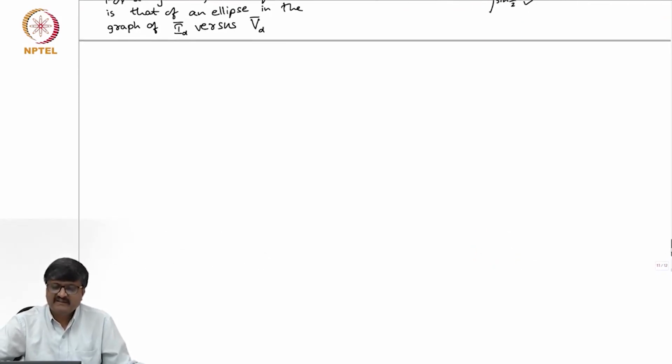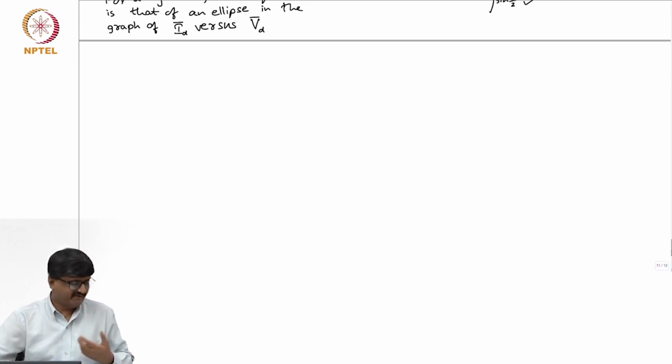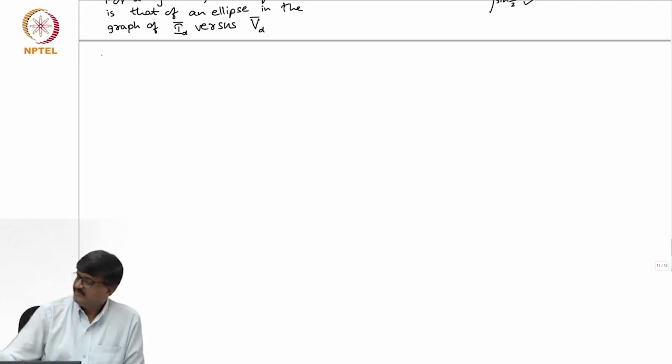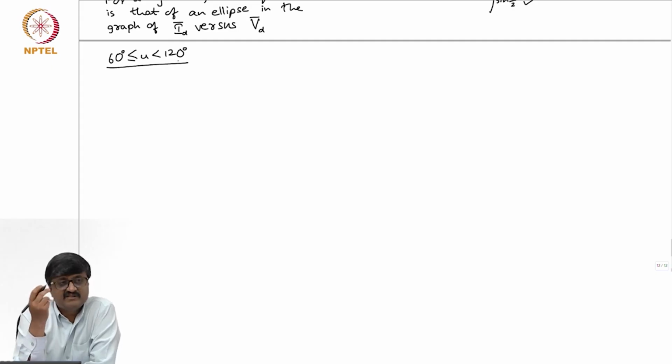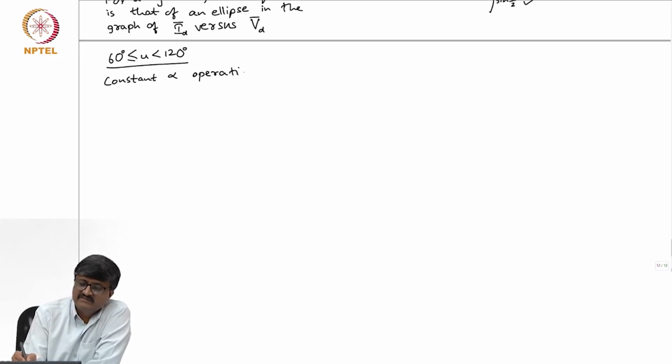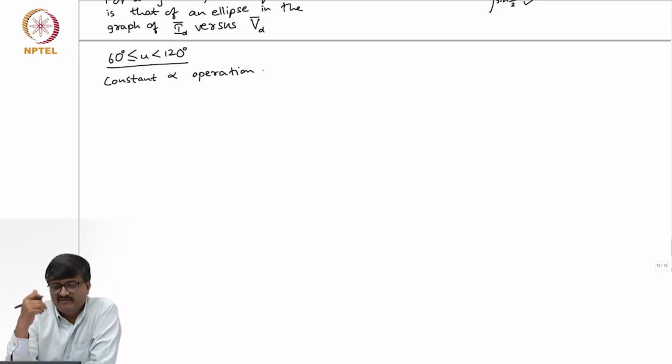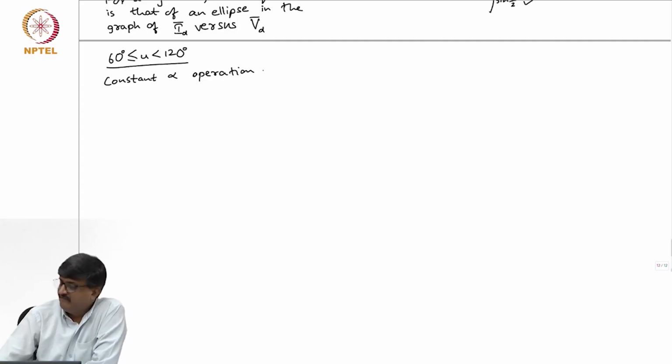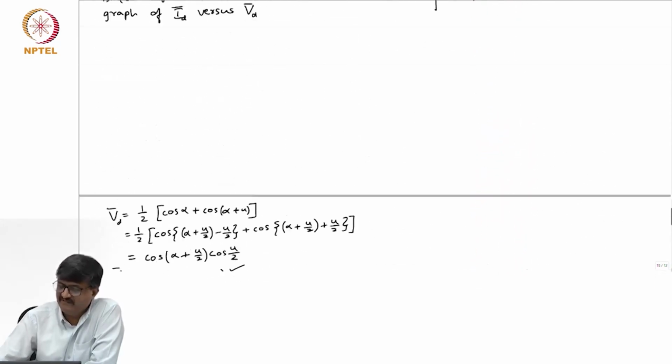Suppose u is greater than or equal to 60 degrees and less than 120, then what happens? Let us see. So I can get constant alpha operation, constant gamma operation, and constant u operation even for this range of u. So how do I get constant alpha operation? Essentially, I am asking what will be the equation of the curve if alpha is kept constant in the graph of ID versus VD.